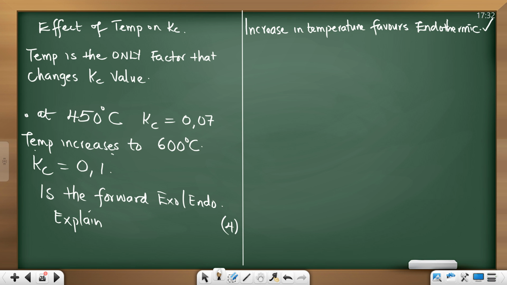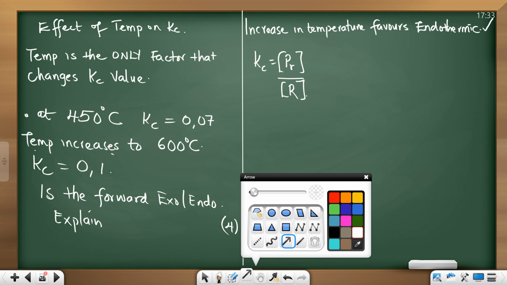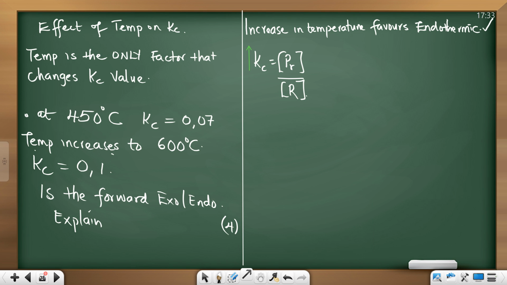Oh, sweet. Check. What happened to Kc? Kc increased, right? We are now saying that Kc increased. It's very mathematical. I want you to put it mathematically. If this one increases, which one has increased? Is it the concentration of product or reactants?